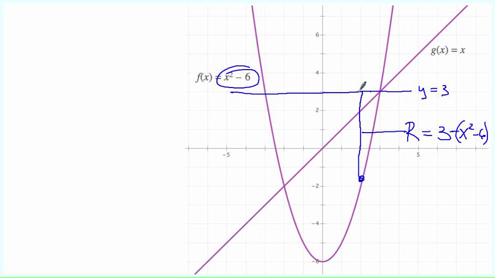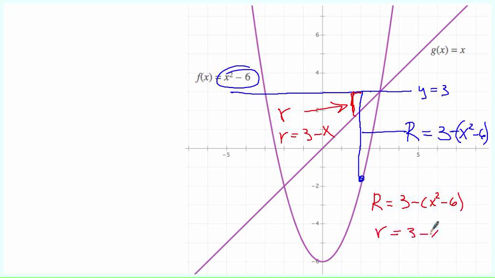The little r, this r equals 3 minus x, or this y, but this y is only x. So R then is 3 minus x squared minus 6, while r is 3 minus x.